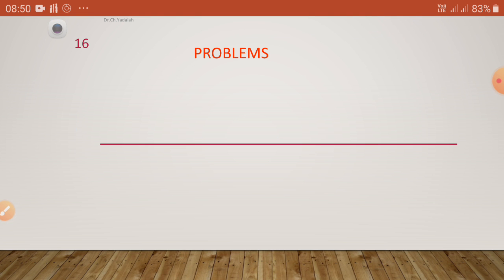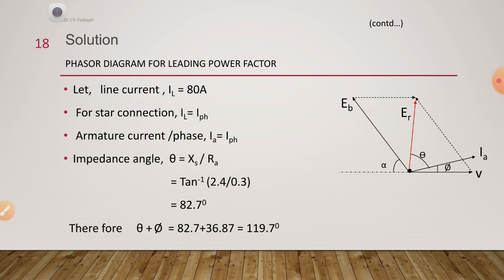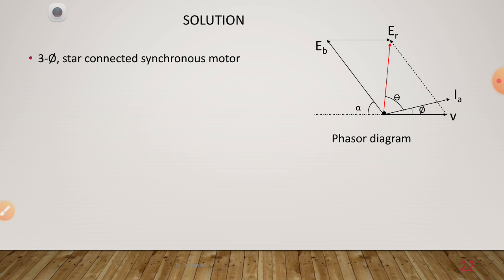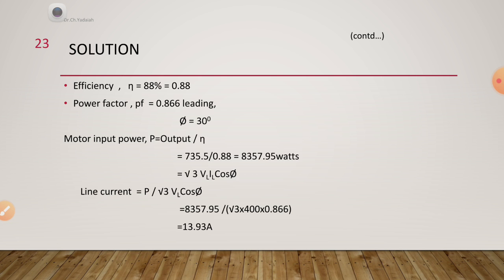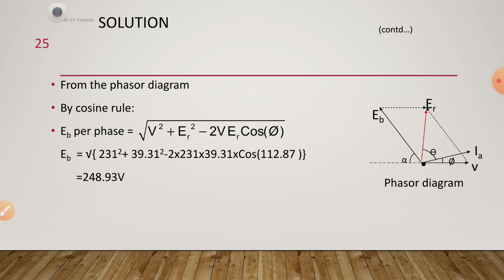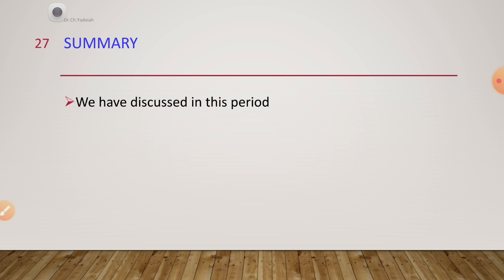Problems we will do later. Remember the formulas; it is simple. You have to apply them for over excitation, under excitation and normal excitation, using the cosine rule. Then you remember the equations only.